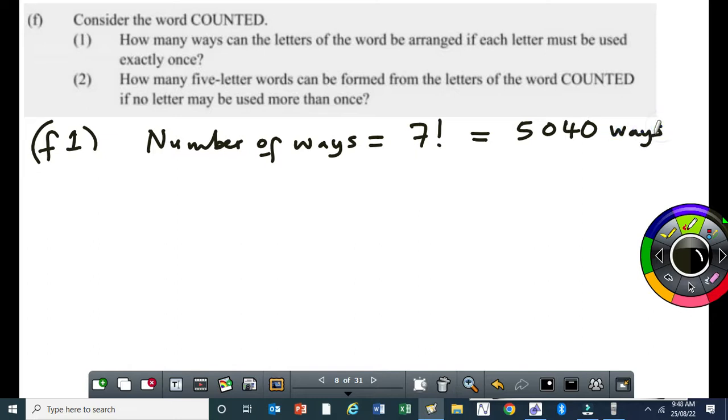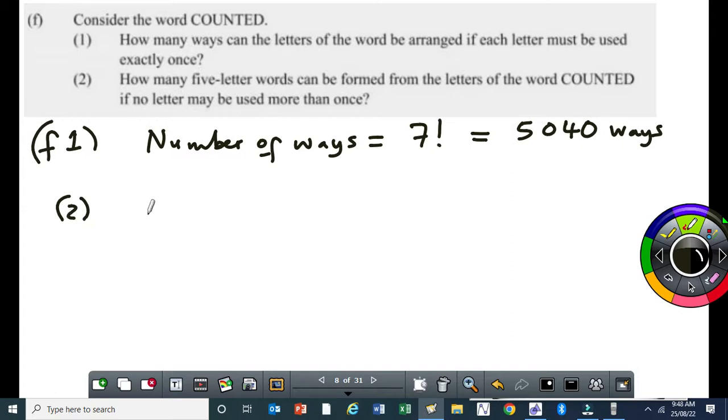Are you following? And then number 2 says, how many 5-letter words can be formed from the letters of the word COUNTED if no letter may be used more than once. Again, the repetition of a letter is not allowed, but we want to form 5-letter words.